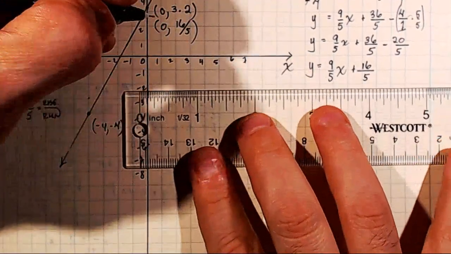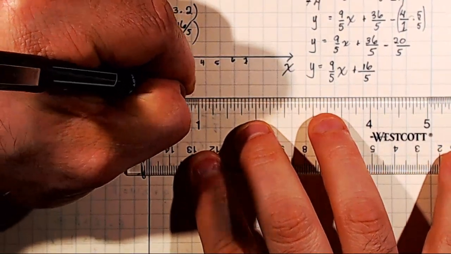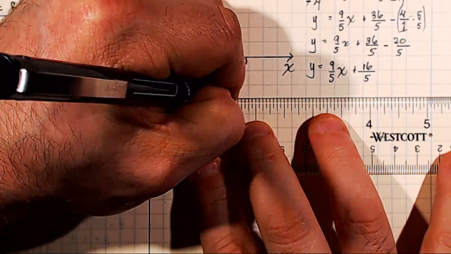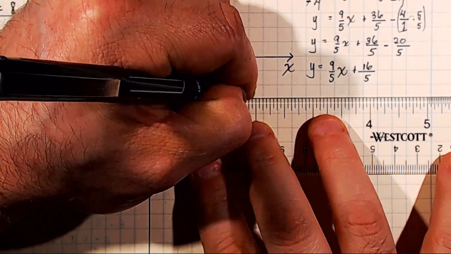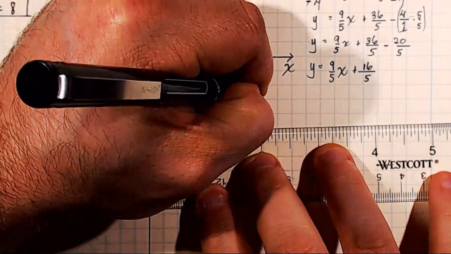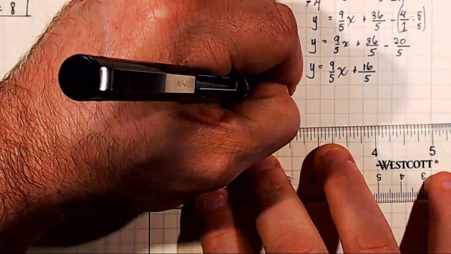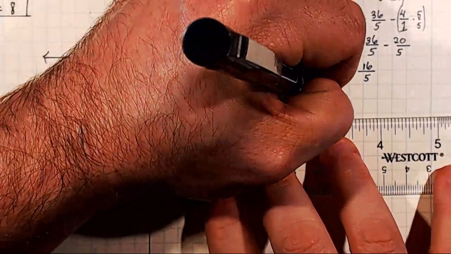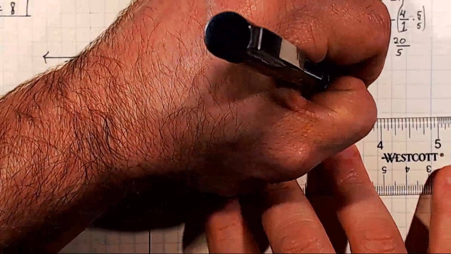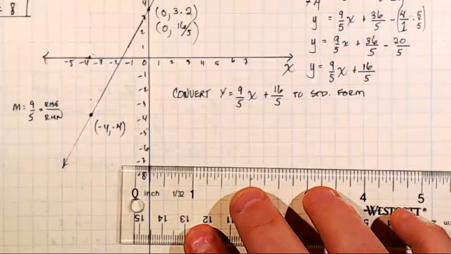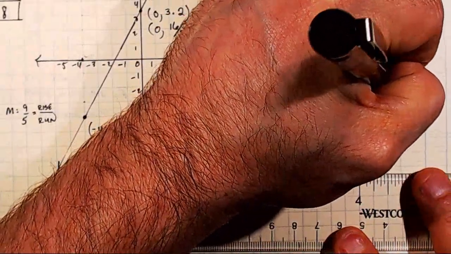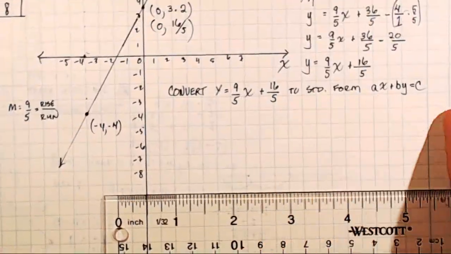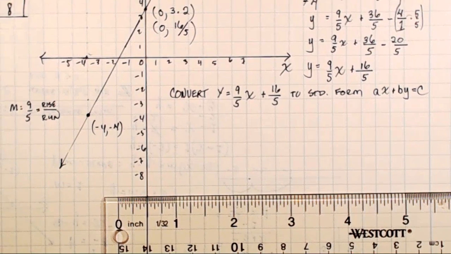Okay, so we're going to convert y equals 9 over 5x plus 16 over 5 to standard form. Standard form is ax plus by equals c, where a, b, and c are whole numbers and where a is positive.